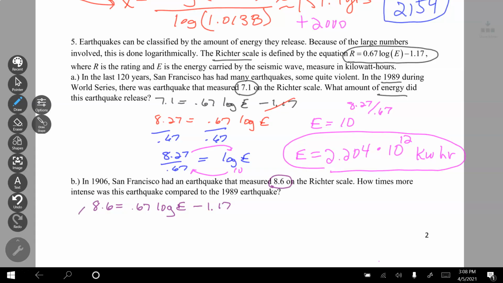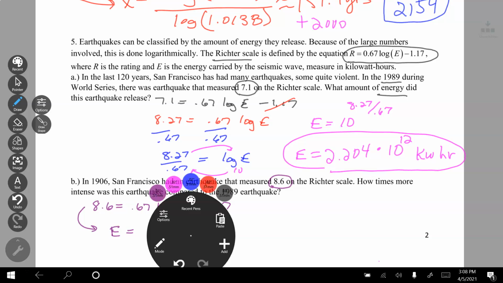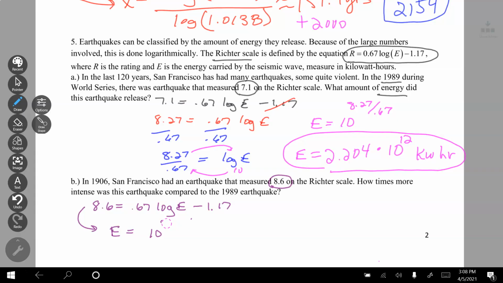And according to what I did in the other problem, I add the 1.17 and divide by 0.67. I get E is equal to 10 raised to the 9.77 divided by 0.67. I put this in the calculator and I get 3.820 times 10 to the 14th kilowatt hours.